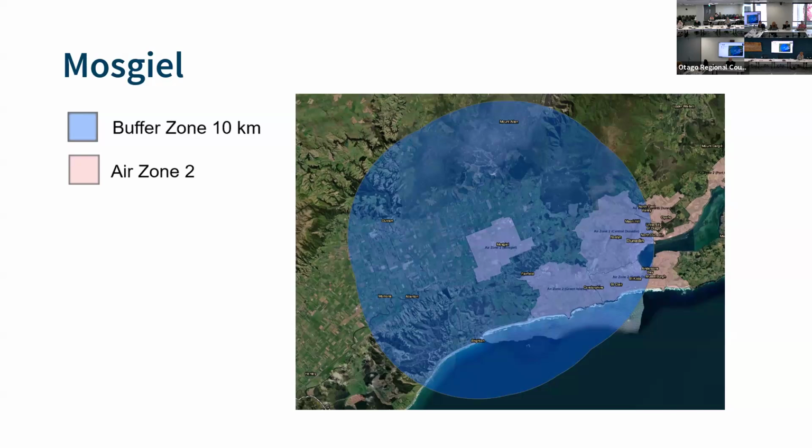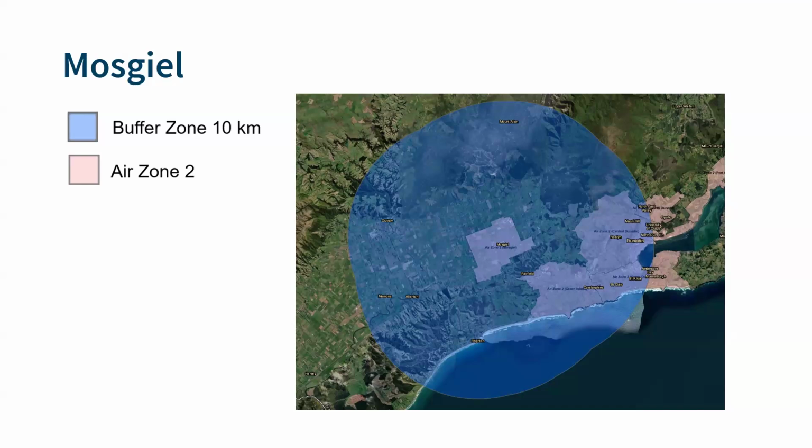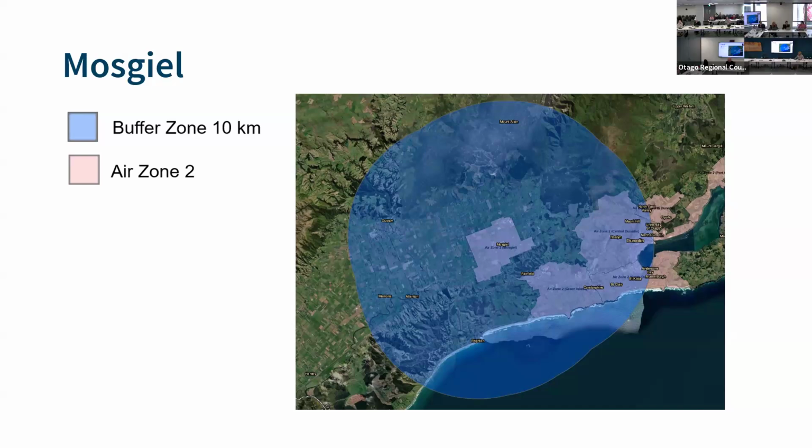All right, anything further on the Mosgiel? Oh, sorry, Councillor. Not Mosgiel specific, but you mentioned the geography and stuff would make things look a bit differently if we took that into account.